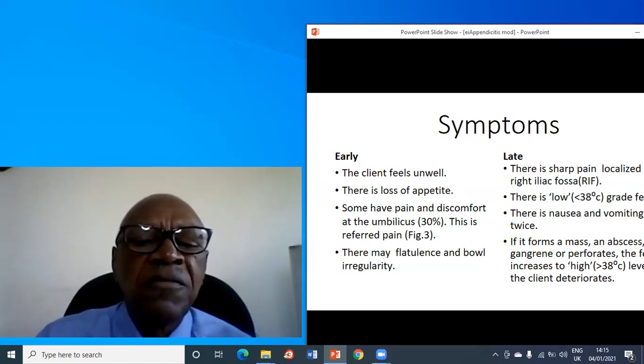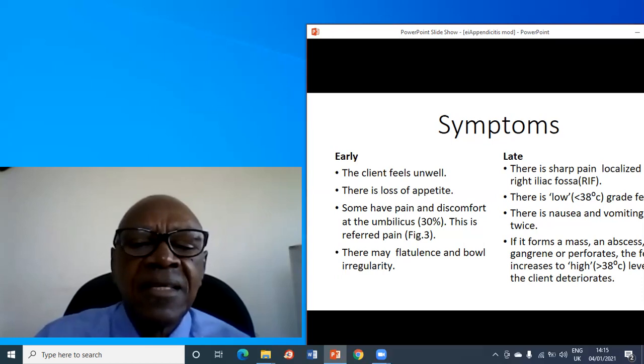There may be flatulence and bowel irregularity. Later on, there is a sharp pain localized in the right iliac fossa. There is low-grade fever. There is nausea and vomiting once or twice.